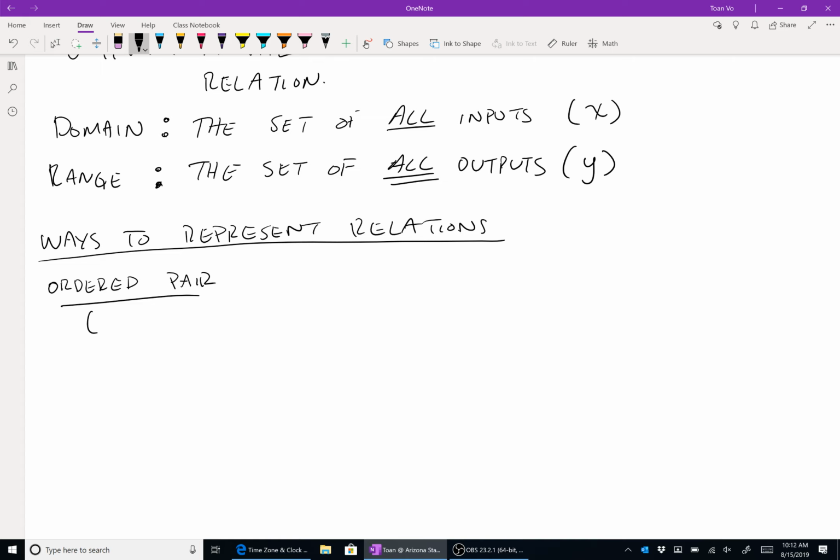For example, I'm just making up numbers. 1, comma, negative 2. That's a relation. I'm linking the number 1 with the number negative 2. 5, comma, 7. That's a relation. Decimals, fractions, positives, negatives, doesn't matter. 1/2, comma, 0.7. That's a relation. Ordered pairs are coordinates that are floating in space.